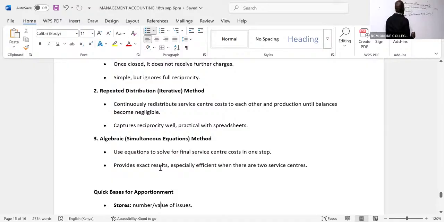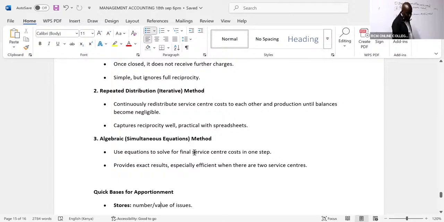If you go to your exam, you realize your exam uses the two words interchangeably. At times they'll tell you to use the simultaneous method, and in this case here, algebraic. So give us a dash there.